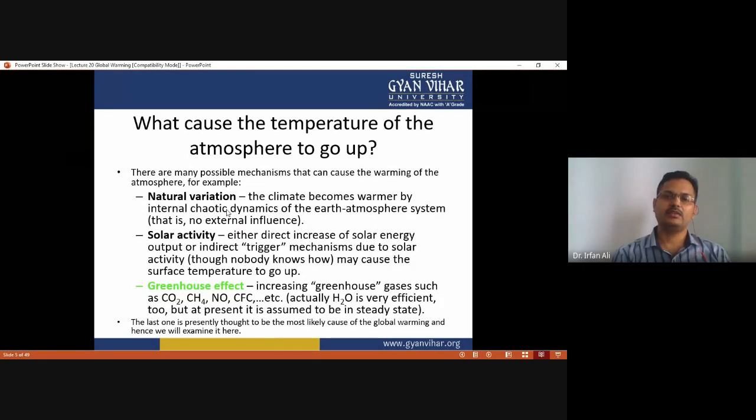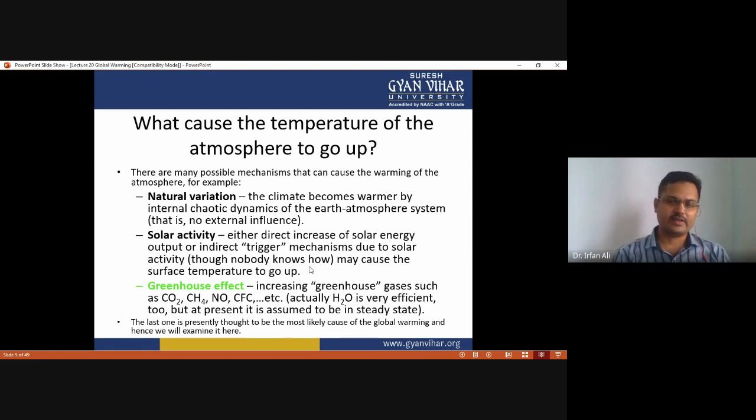The climate can become warmer through internal chaotic dynamics of the Earth's atmosphere system, with no external influence. Some of it is due to natural phenomena and solar activity, either a direct increase of solar energy output or an indirect trigger mechanism due to solar activity. Though nobody knows exactly how they cause the surface temperature to go up, to some extent solar activity is also responsible for the rising temperature of the globe.